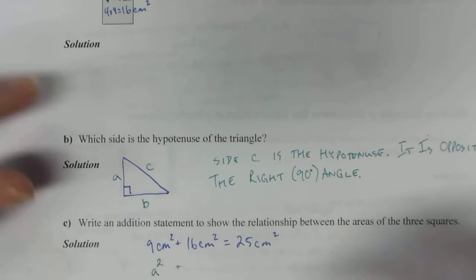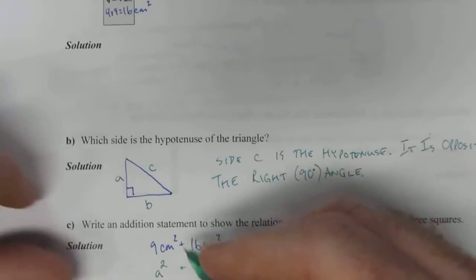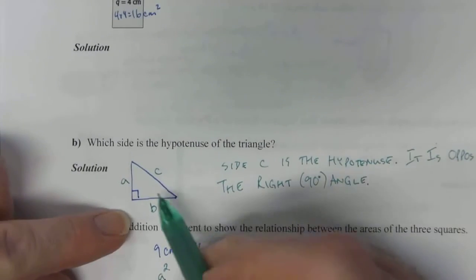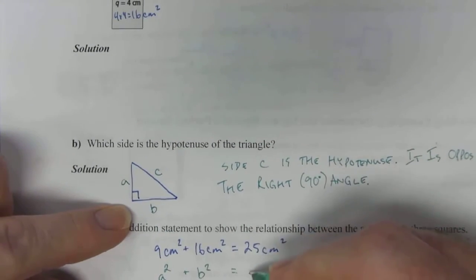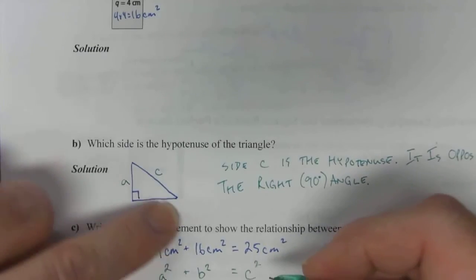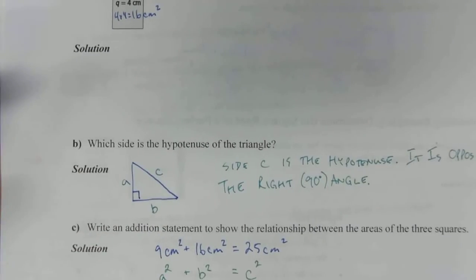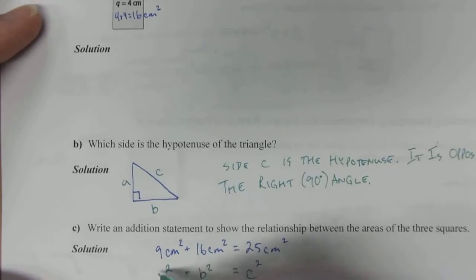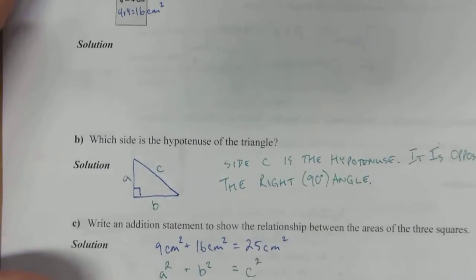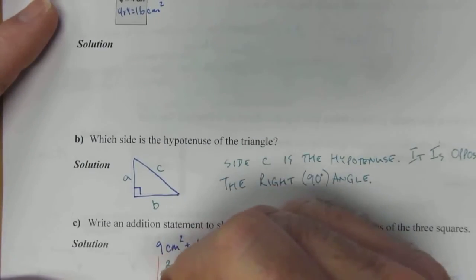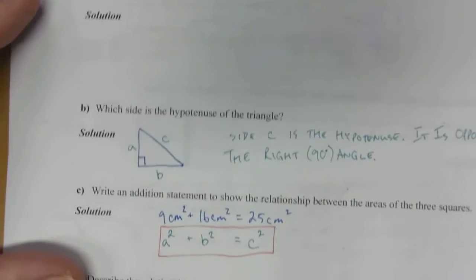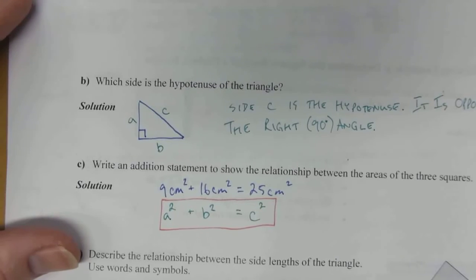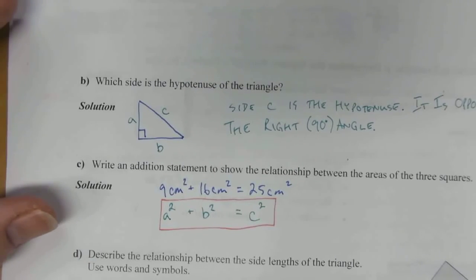The 16 represents B squared, or the length of the B leg, and that is equal to C squared, the length of the hypotenuse. And as it turns out, this equation here is in fact our Pythagorean theorem. That's something that you're going to work with for the rest of this unit.